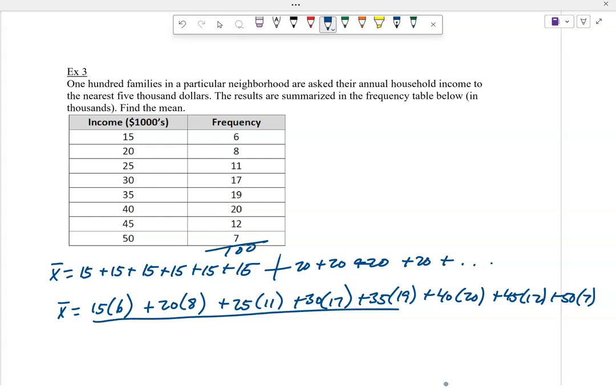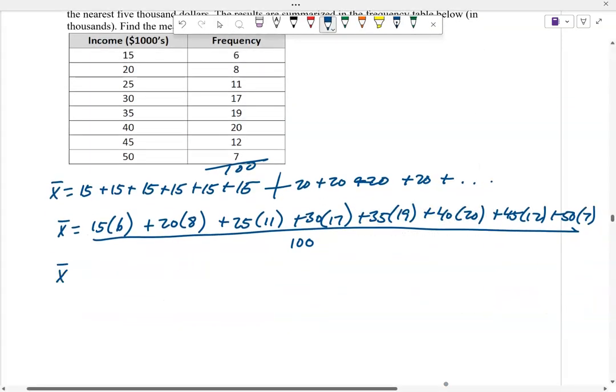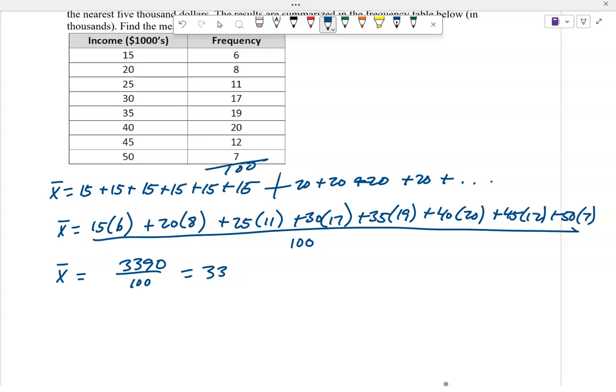And I divide by how many total households we have: 100 households that we got household income from. If I punch all those in, I get 3390 on top, divided by 100. So I get 33.9. Remember, this is in thousands.